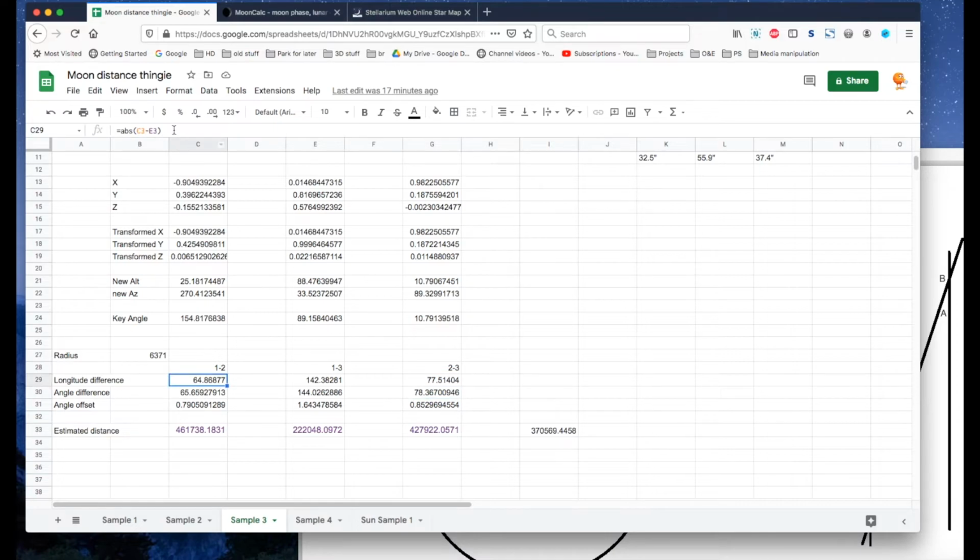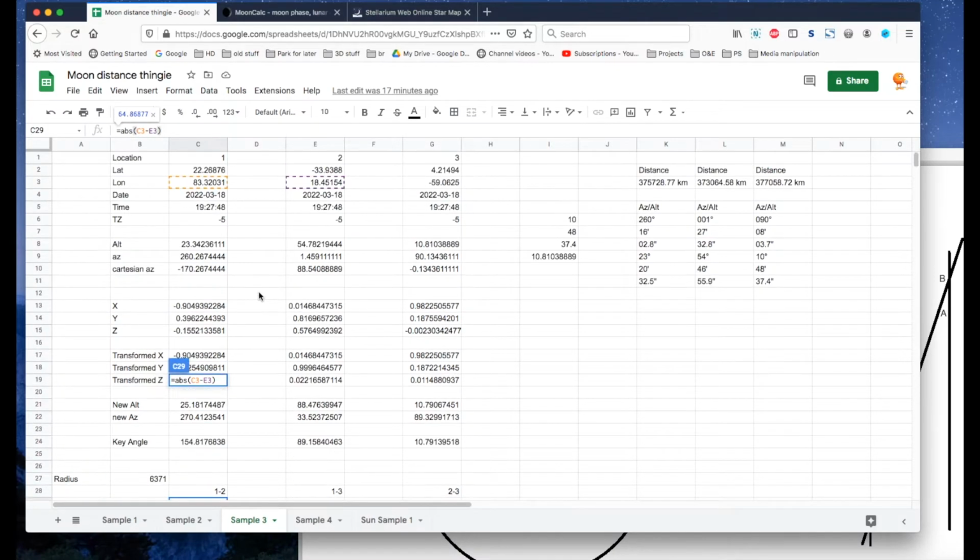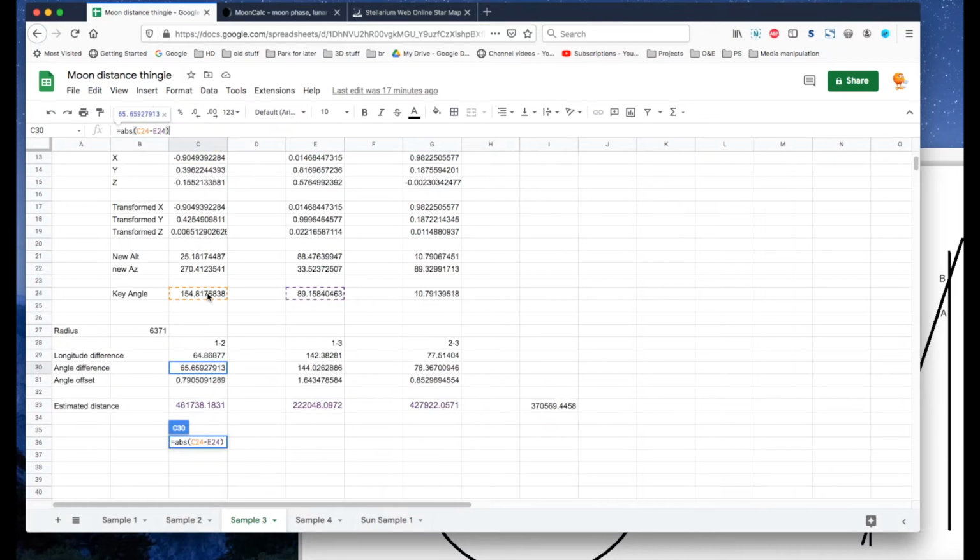I calculated the difference in the two observers' longitudes by subtracting the one from the other. I calculated the difference in the angle between the two, and the calculations are very similar. So in this case, the angle offset is the difference between these two angle deltas.